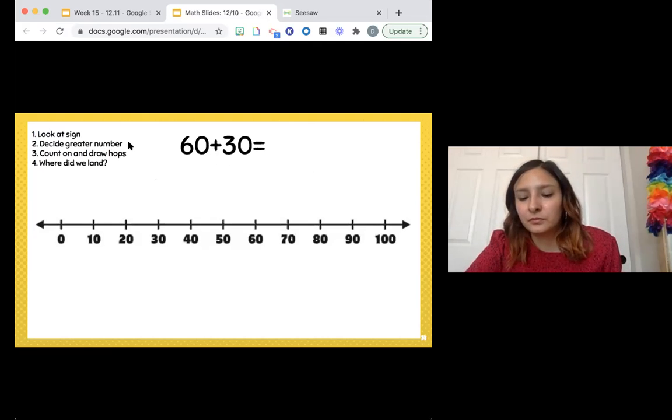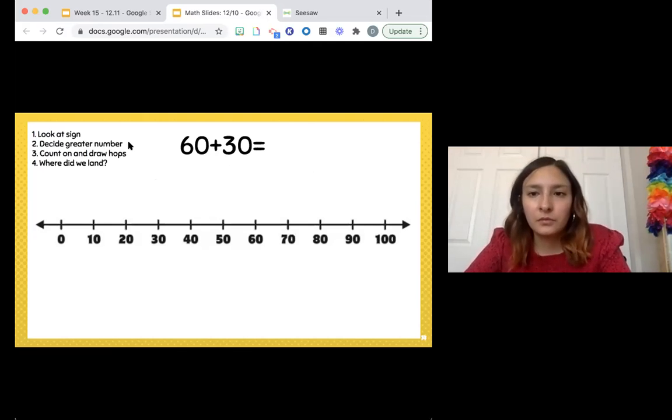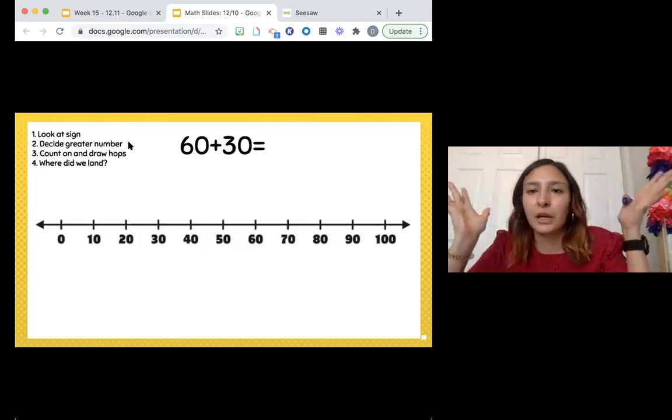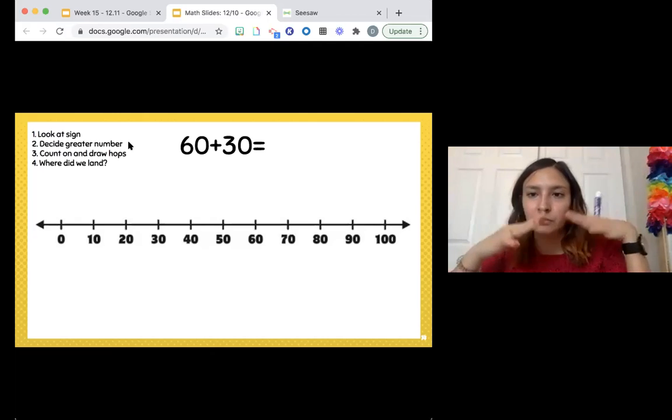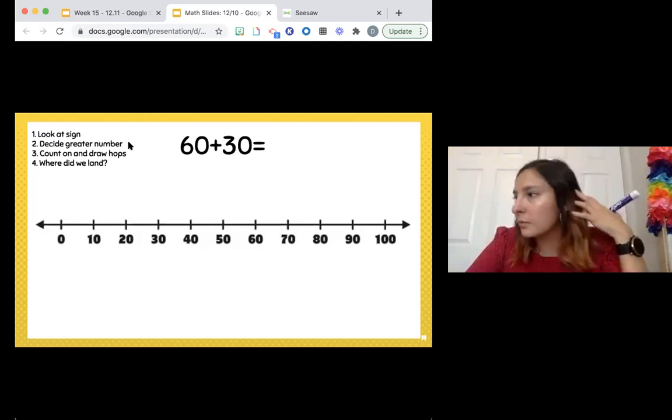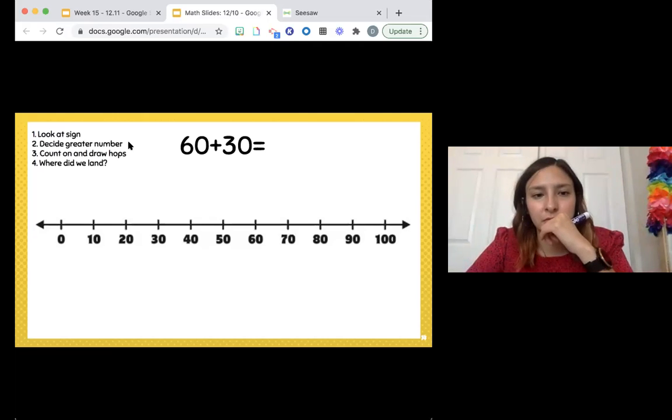No, we want to decide the greater number. Which number is the greater number? 60, because 30 is smaller than 60. Great. So 60, is that where you started on your number line? Okay, so I'll draw the starting dot on the 60.